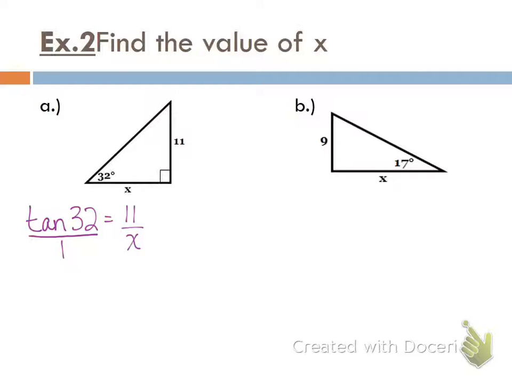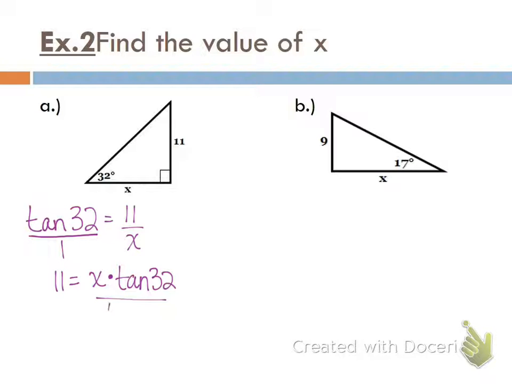Now it looks like a fraction. I can cross multiply and solve. One of my cross products is easy. What's one of them? 11 equals x times the tangent of 32 degrees. Tangent of 32 degrees represents a number, so even though it doesn't look like just a number right now, it represents a number. So what could I do to both sides to get x alone?